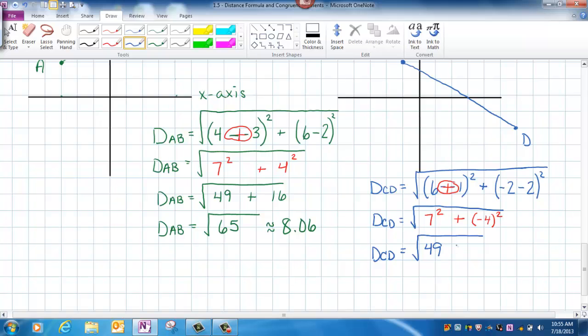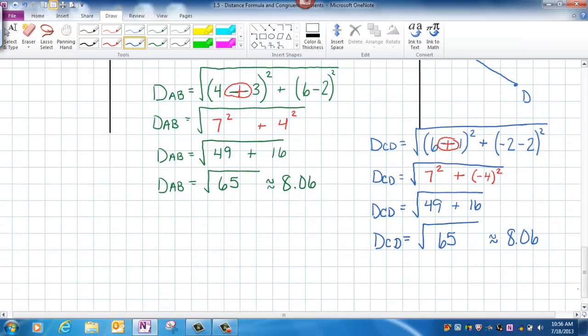That's 49. And then this negative 4, when you do negative 4 times another negative 4, you get positive 16. So then when you add the 49 and the 16 together, you get the square root of 65, which is approximately 8.06. We can find that using our calculators.